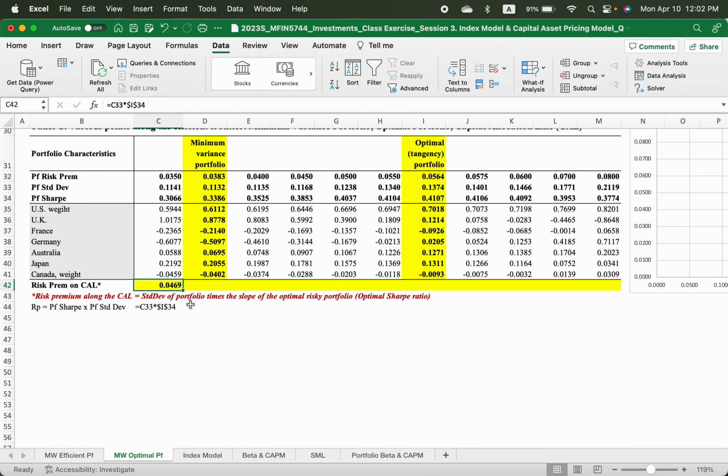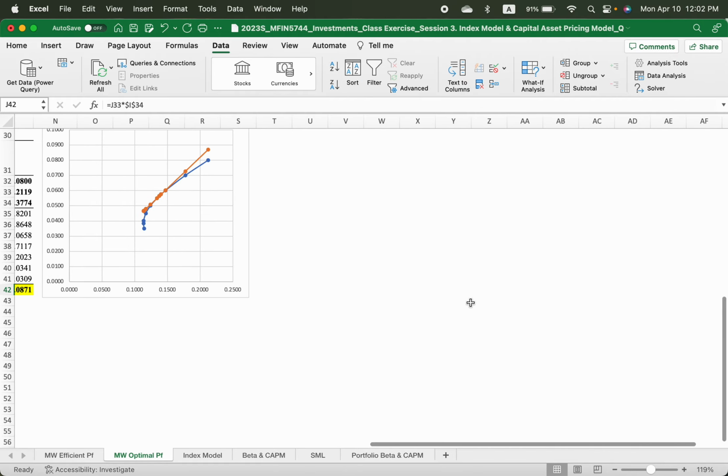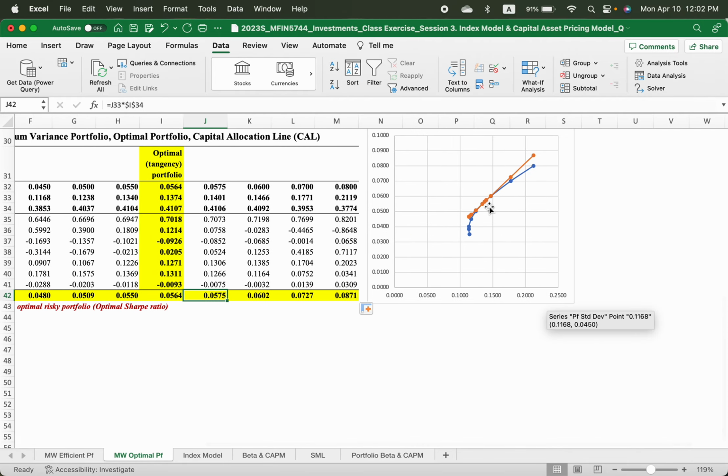And then let's just drag it to the right. So all these combinations of Sharpe ratio and risk premium are now on the same capital asset allocation line. As you can see here, we just finished the drawing.